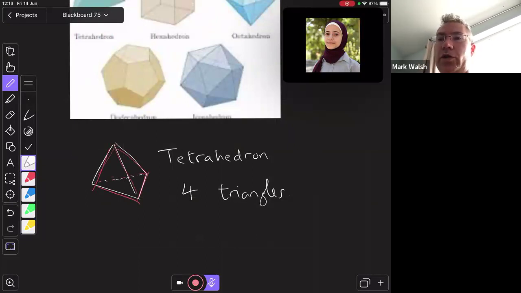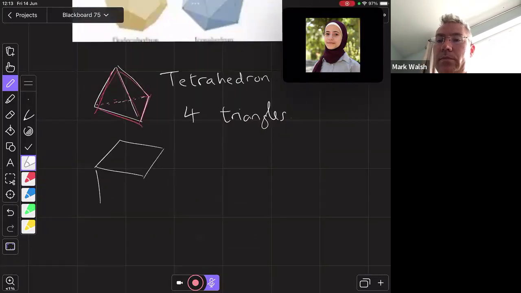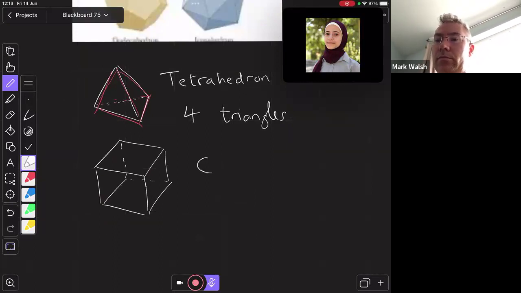And then, of course, you have the cube that you all know. This is made up of 6 squares.